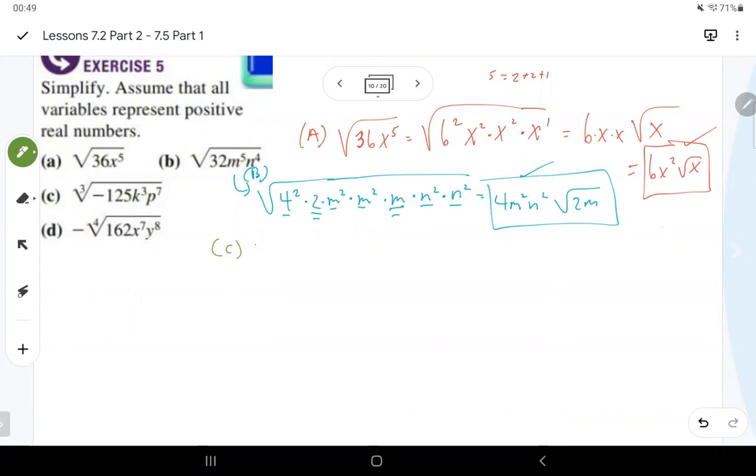All right, so cubed root now is negative 125. Actually, let's just go ahead and rewrite that as the root. It's going to be negative 5 cubed. And then we already have k cubed. So this time we want to have it in groupings of 3.